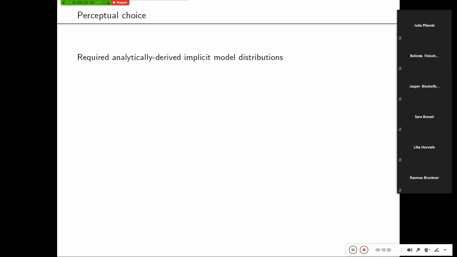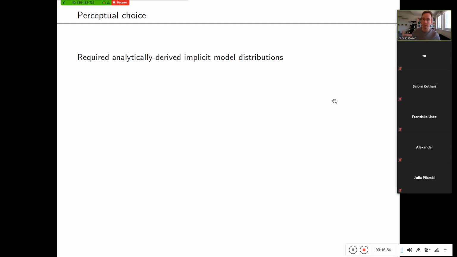For example, as I said earlier, what we need is the distribution of the agent decisions given the contrasts.